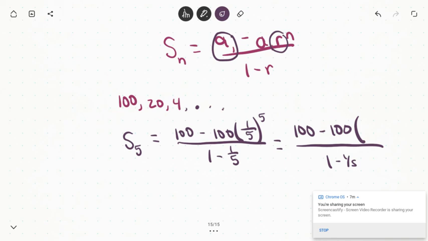Again, I'm going to use my calculator off to the side. It's almost impossible to do this without a calculator. So I have 5 to the 5th power, 3,125. So I have 1 over 3125. I multiply that by 100.